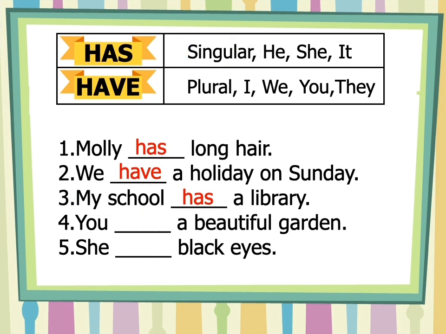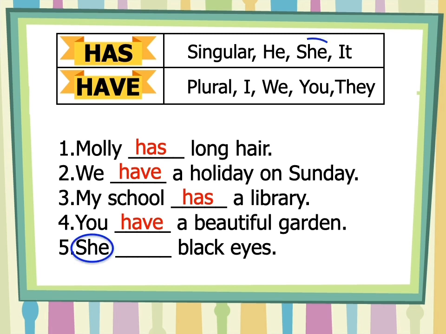Next is, you dash a beautiful garden. In this sentence we can see the word, you. So with, you, we will use, have. You have a beautiful garden. Next is, she dash black eyes. In this sentence we can see the word, she.